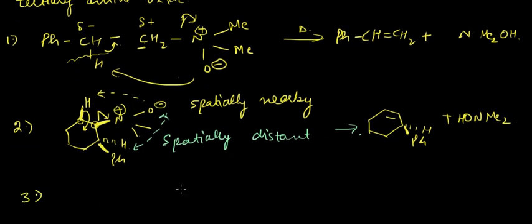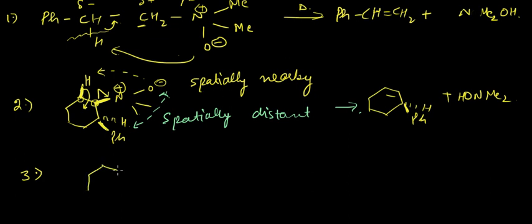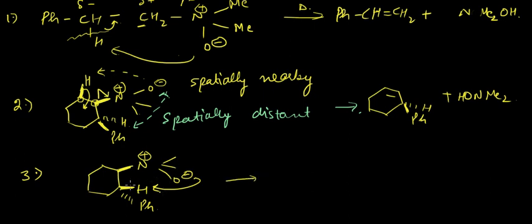Let us look at the third example. Here we have something like this. We have N plus here, O minus here, and we have H coming out of the plane and Ph going inside the plane. So what would again happen is this O minus will take the H, as it is nearer to the H spatially; they both are coming out of the plane, hence this O minus and H will be nearer.